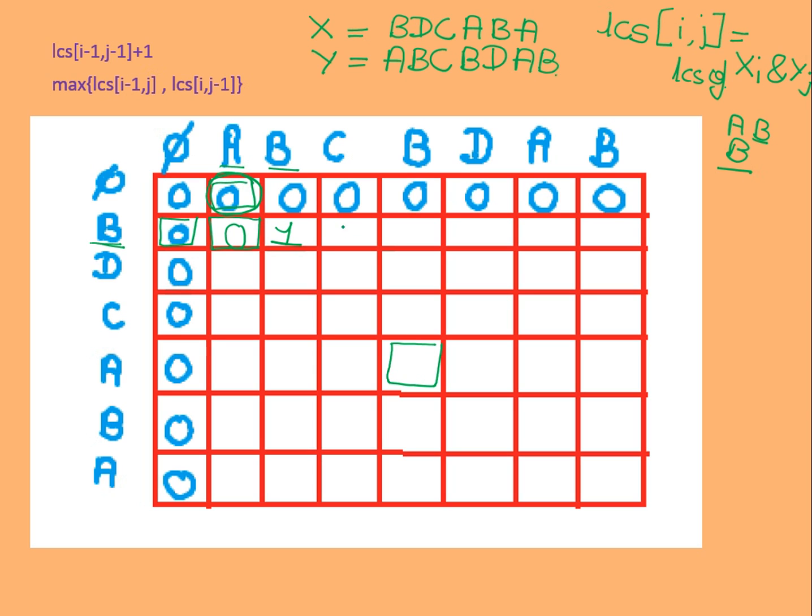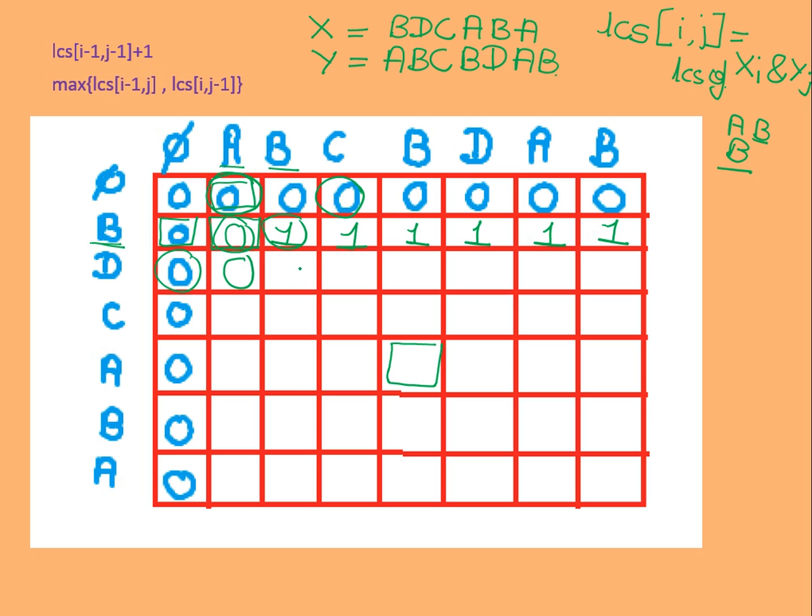Now here A, B, C and B. So I'll store the maximum of this and this, whatever it be, it is 1. So I'll store 1 here, 1, 1, 1 and again 1. Then I have B, D and A. So here D and A are not the same, thus I'll store the maximum of this and this, which is 0.